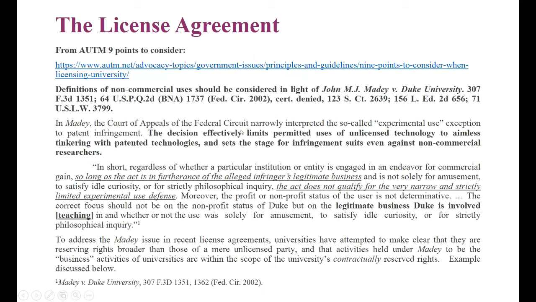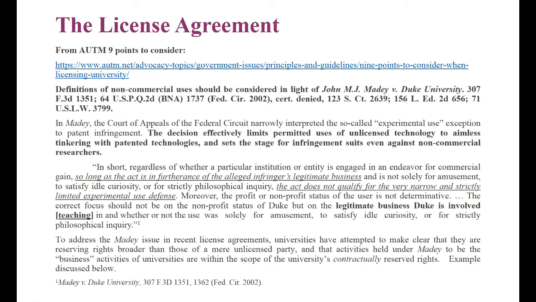In Madey, Duke University had a so-called experimental use exception to patent infringement. In other words, it said this was an exclusive license to Madey, but Duke University received the right of experimental use. And the question was, what is experimental use?